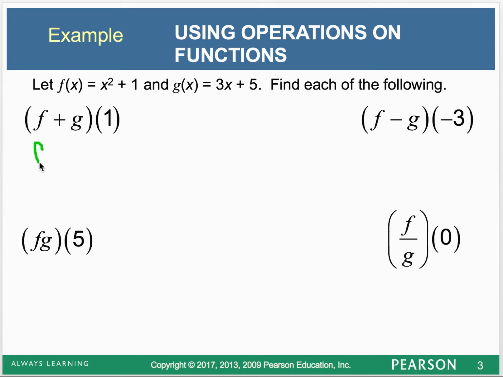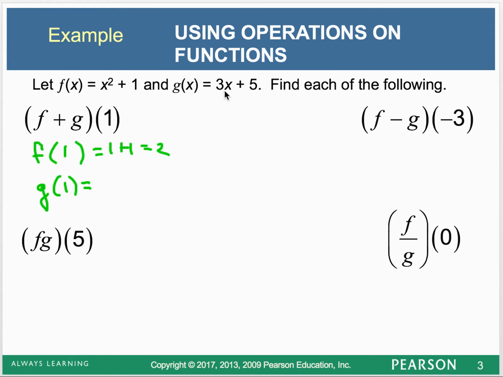My first choice is I could actually just find f of 1. Remember what that means. I would take the function f, and everywhere there's an x, put a 1. So I have 1 squared plus 1, so 1 plus 1, or 2. And then find g of 1.